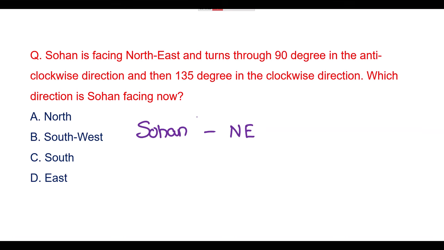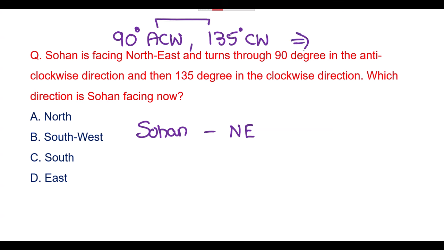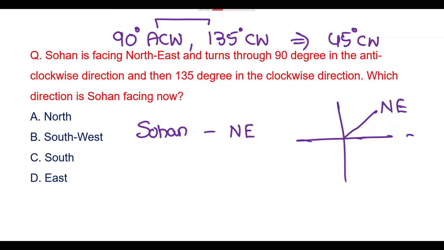Then 135 degrees clockwise. Now don't waste your time. If they give 3 angles also, don't waste your time analyzing that all together. Listen, first 90 degrees in which direction? Anti-clockwise. Then 135 degrees clockwise. Now these two are opposite. Your answer should be 45 degrees clockwise. From northeast, go 45 degrees clockwise. It will be east only.